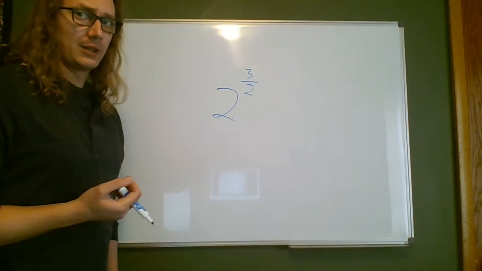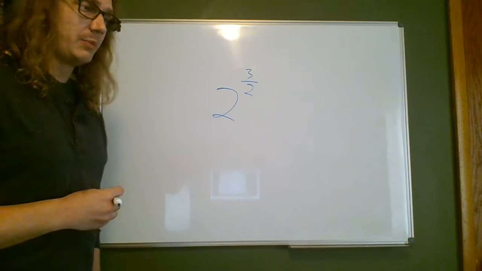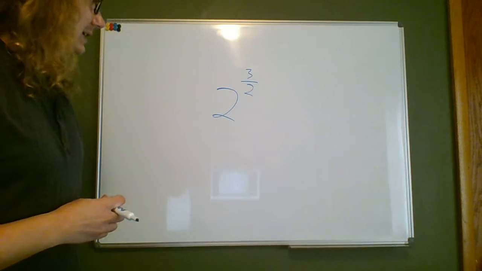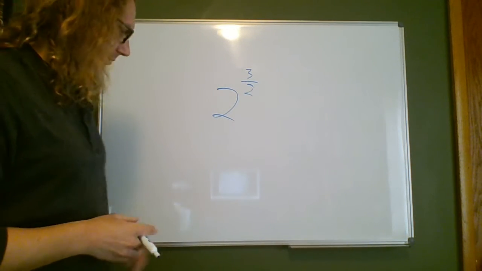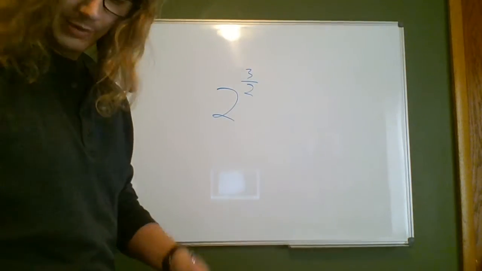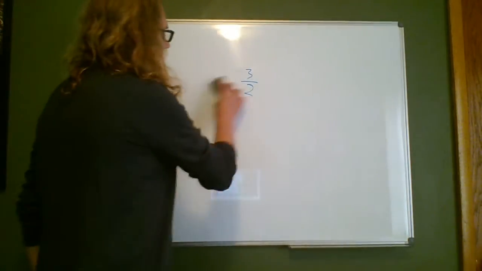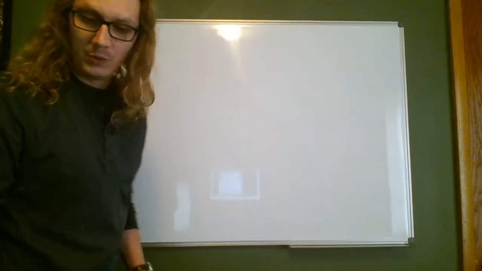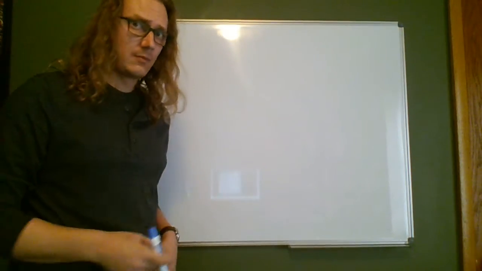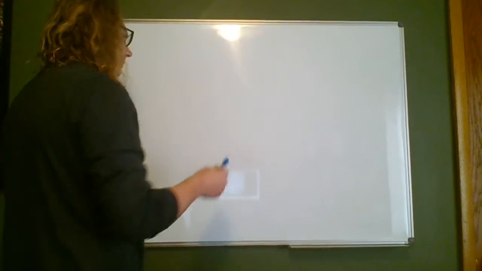Okay, so that's the kind of stuff that we're looking at today, or at least that we're going to be building up to. I want to begin not with rational exponents, actually. Instead I want to start by just talking about multiplying and dividing exponents.